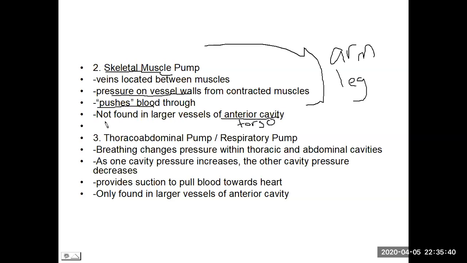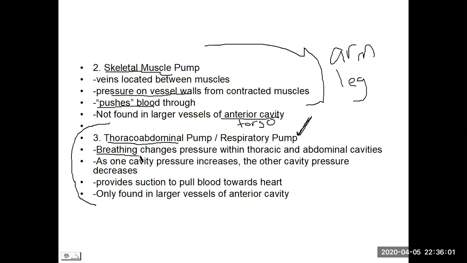Whereas now the torso, the blood vessels in the torso are now here on this third bullet point. And you notice the name, thoraco-abdominal pump, thoracic cavity, abdominal cavity pump, or the name here, respiratory pump, really implies how it works. It involves the act of breathing.